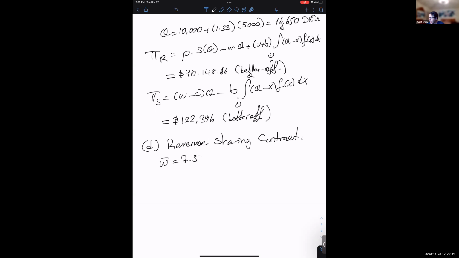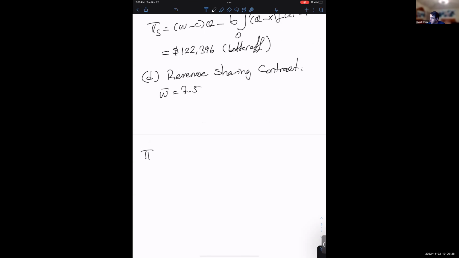And how do we then look at the profits? The profit of the retailer is going to be now, remember, she needs to pay 80% of her sale revenue to the movie studios. Of course, there is WQ. And then revenues from salvage.